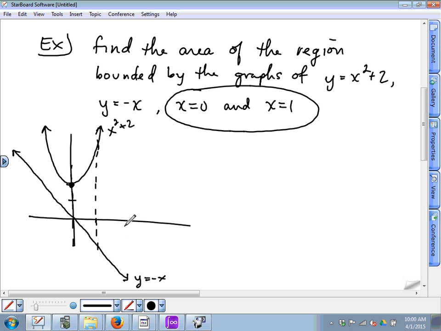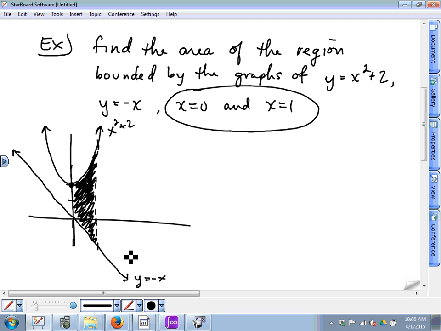All that means is that's the left and right sided bounds of our region, and the upper and lower bounds are this parabola, and the lower bound would be this y equals negative x. So the region we're trying to find is from the y-axis over to this line, and then up to the parabola, and all the way down to this line right here.